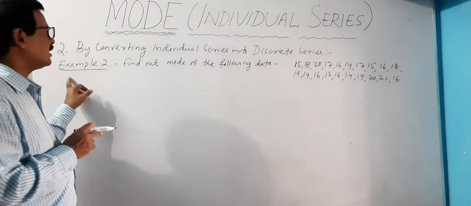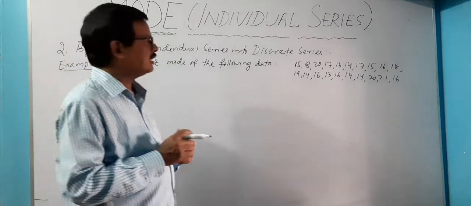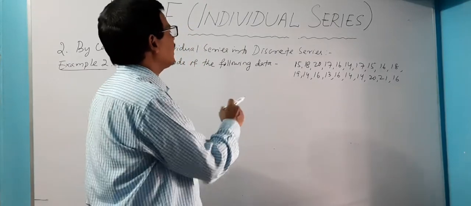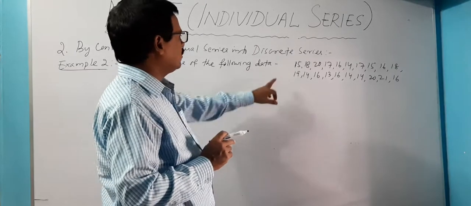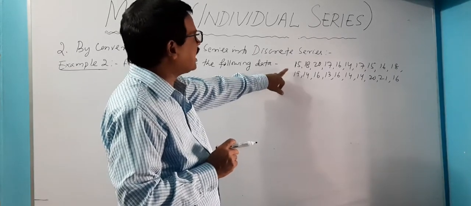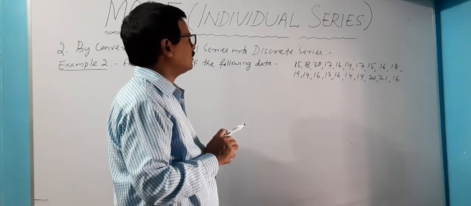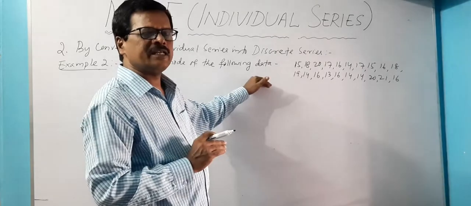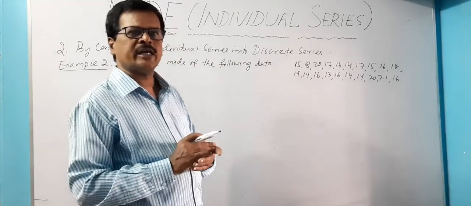Here one example is given. Example 2: Find out the mode of the following data. 15, 18, 20, 17, 16, 14, 17, 15, 16, 18, 19, 14, 16, 13, 16, 14, 14, 20, 21, 16. These are the items given, 20 numbers in total. How will we represent this at first to calculate its modal value? We can use this method.